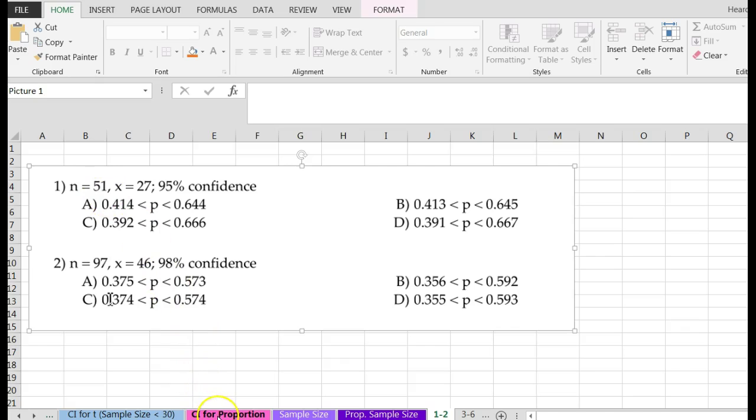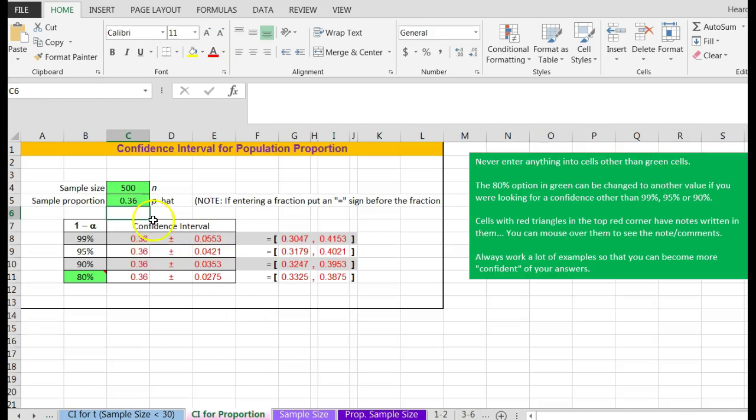So what we've got is the proportion is 27 out of 51. So let's go to the confidence interval for proportion. My sample size would be 51. My sample proportion, if this is a fraction, you just simply type an equal sign, and it was 27 divided by 51.